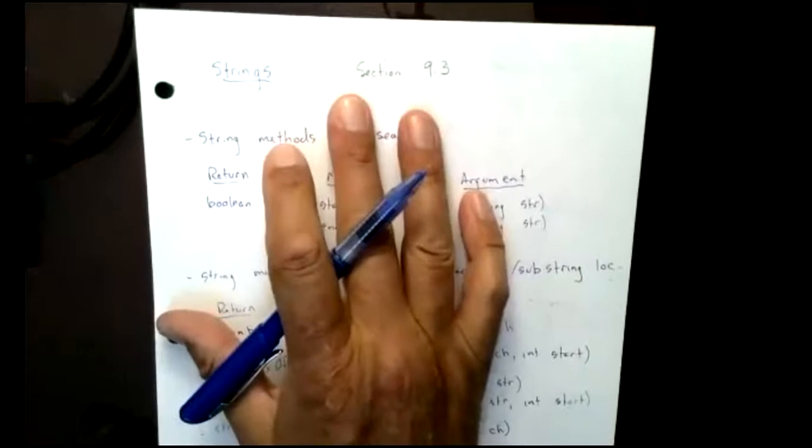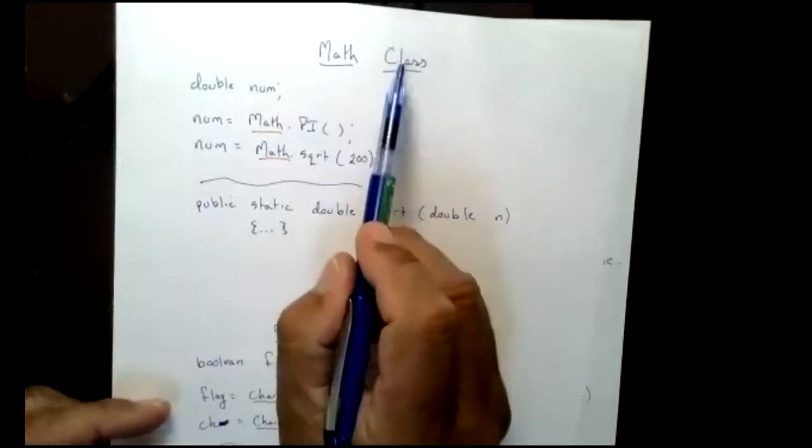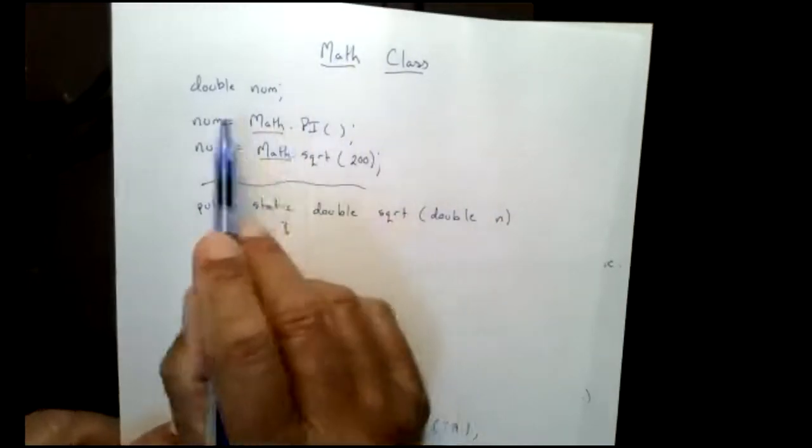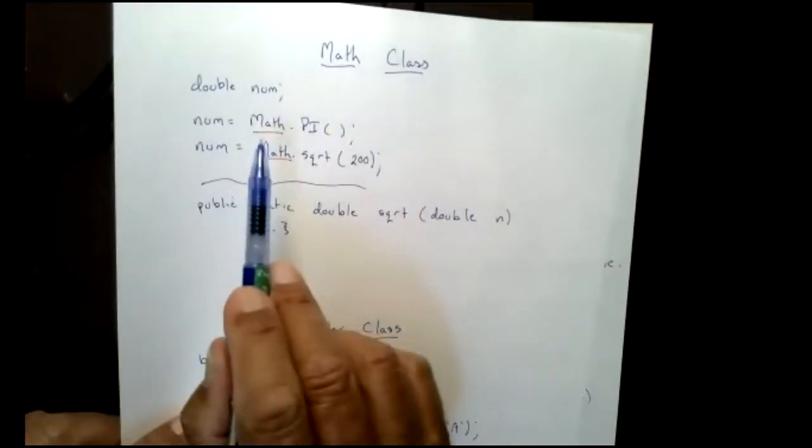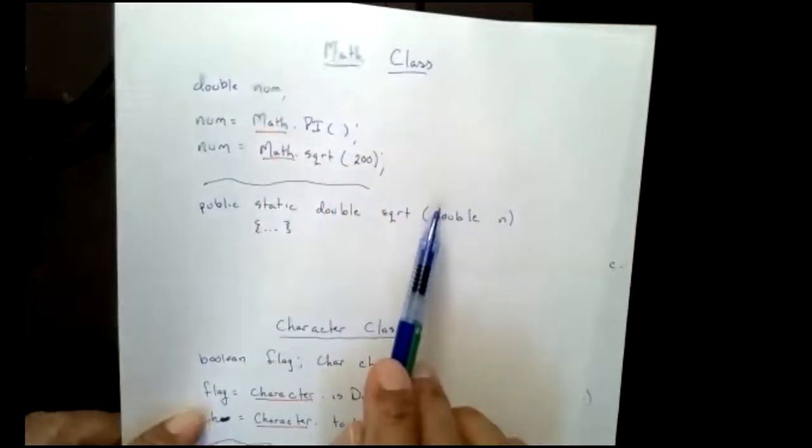So taking a look at section 9.3 today, we're going to go a little more in depth with this class called String. Okay, same idea. Somewhere there's a class written called String, and it has all of these methods included with it. Now, we have to call these specialized classes.